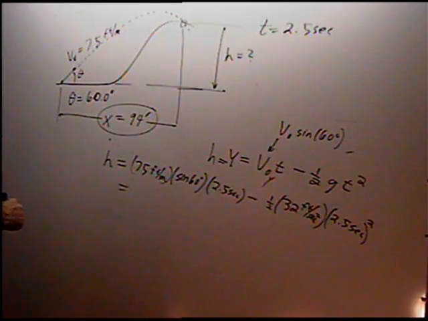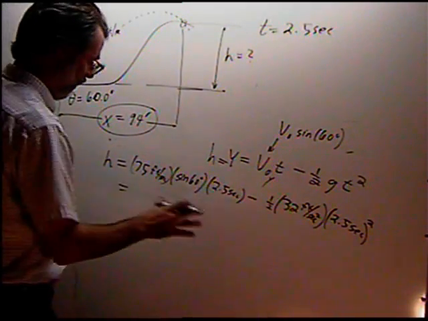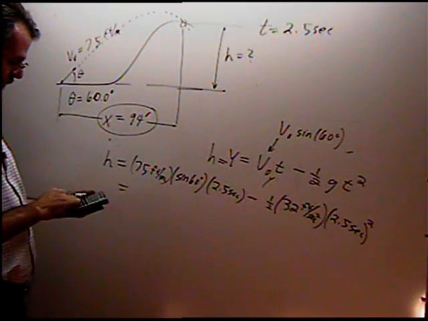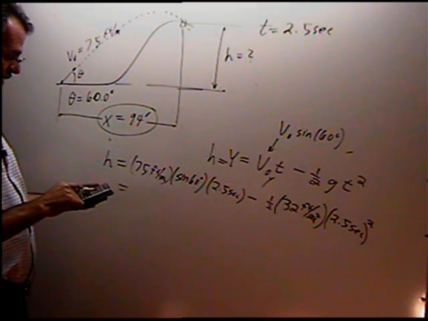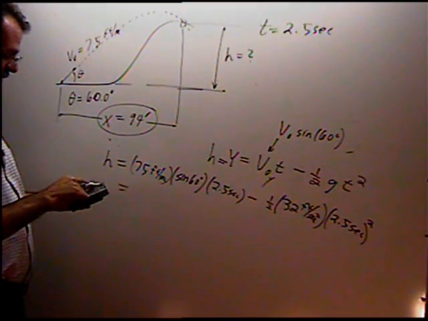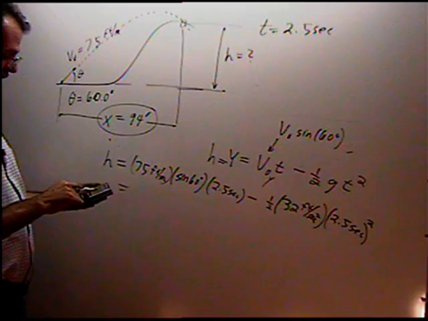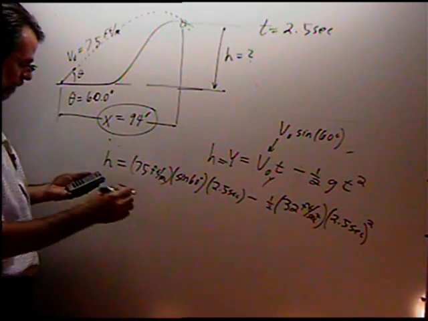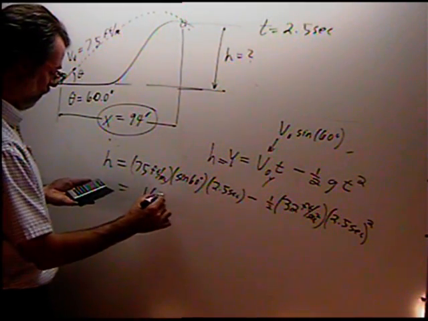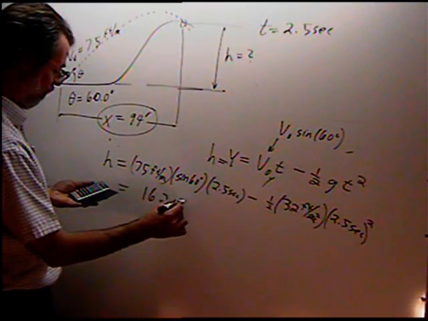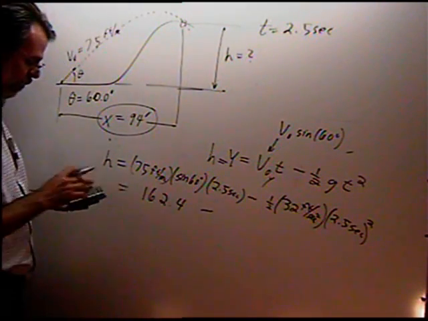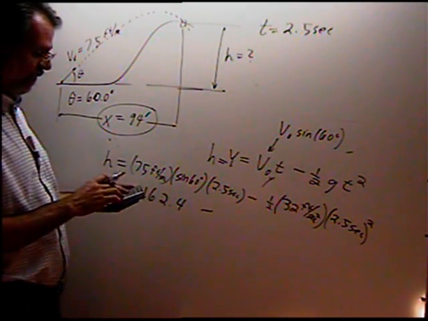And we end up with, so there's two terms. The first term, 75 times sine of 60 times 2.5, we get 162.4, and I'm going to worry about the significant figures soon.